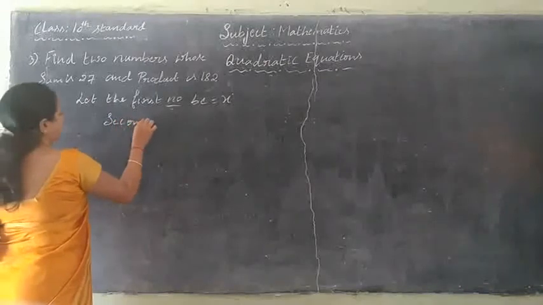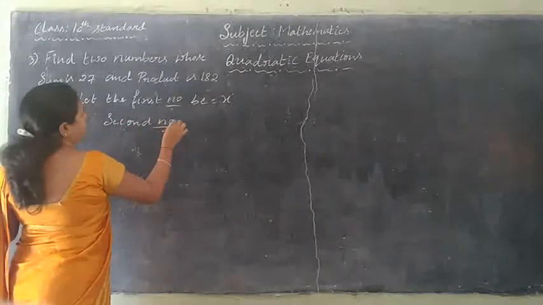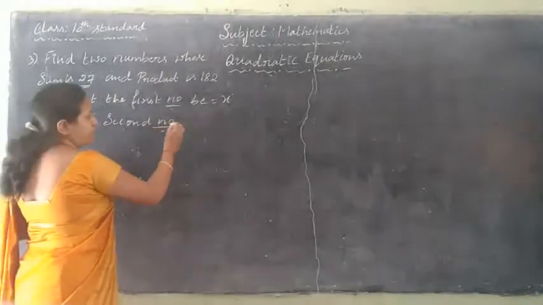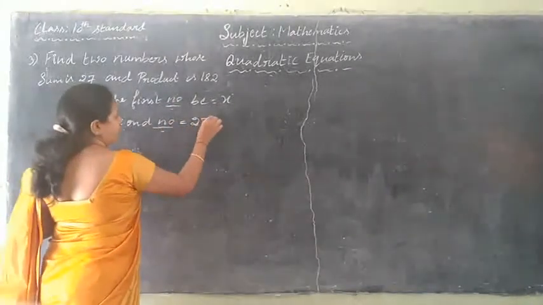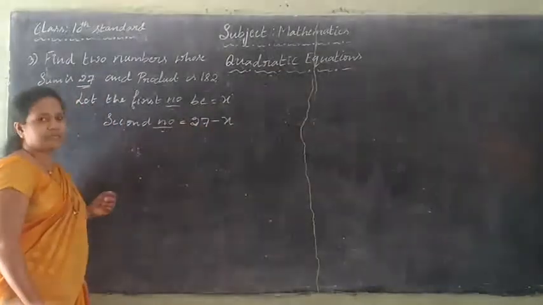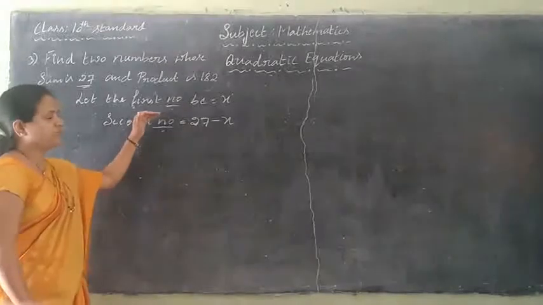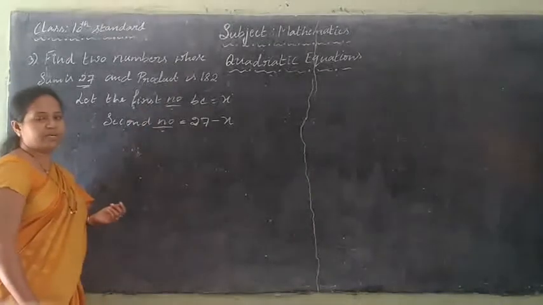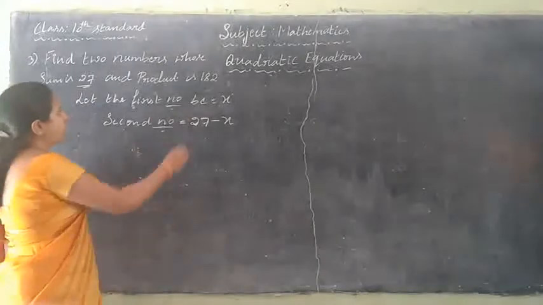What is the sum of the two numbers? 27, isn't it? So we are going to subtract x from 27. So that will be the second number. Understood? The first number will be x, and the second number will be 27 minus x. Right.